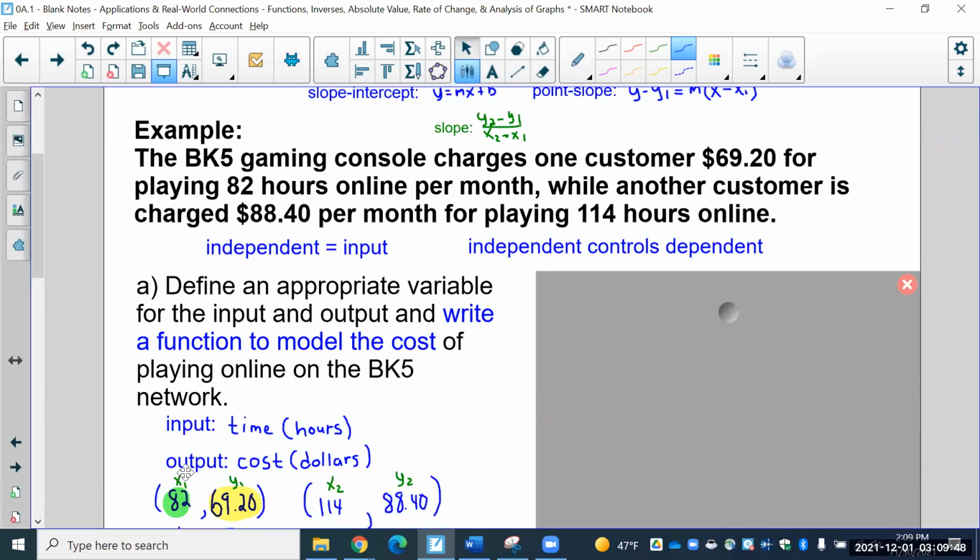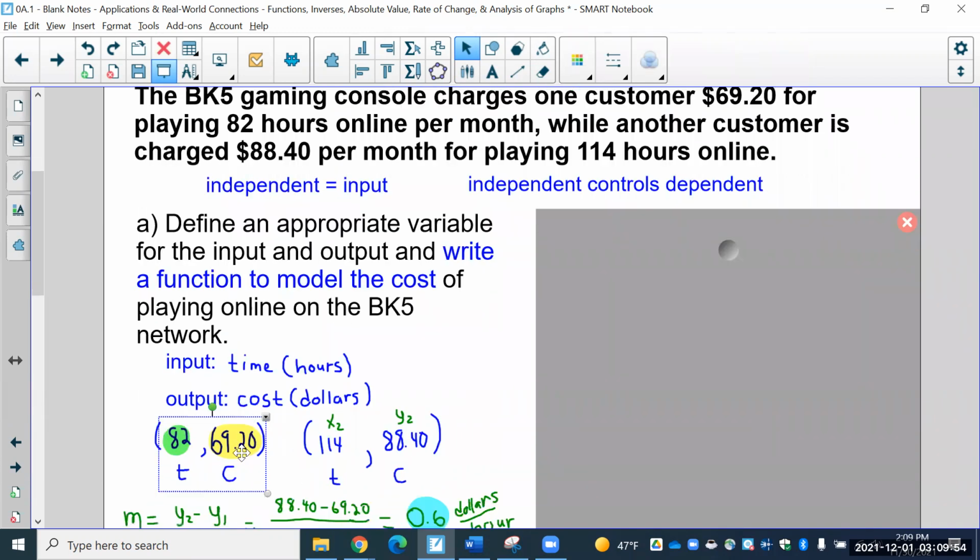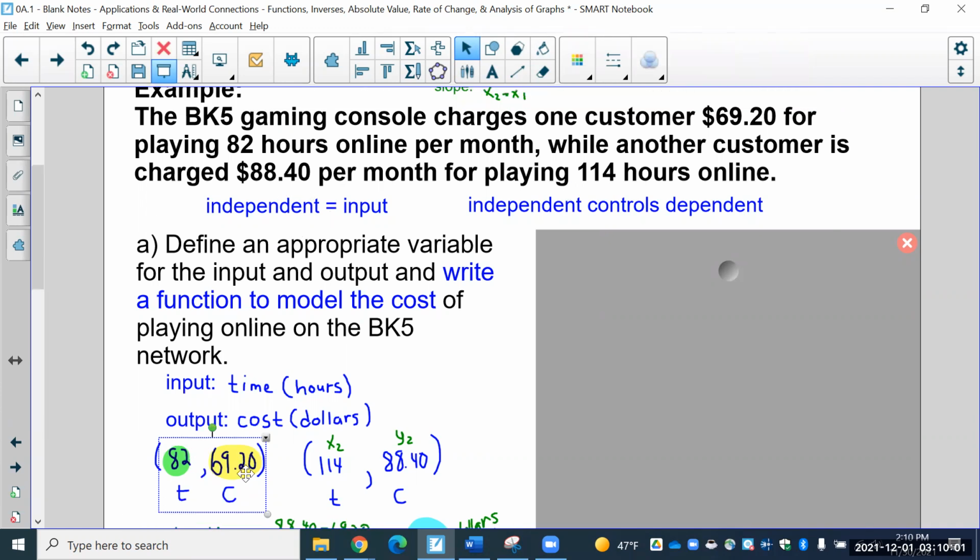So 82 hours is making $69.20. That time is producing that cost. You can clearly see the independent making the dependent. And the other point is 114 hours is making a cost of $88.40.